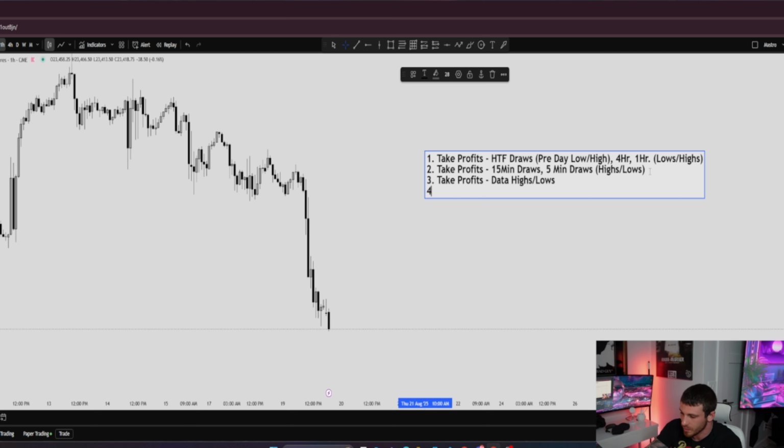I'm just going to type these out. 4, equal highs and lows. What else? Oh, and you can do... Sorry for the typing, guys. This is why I usually don't do it.